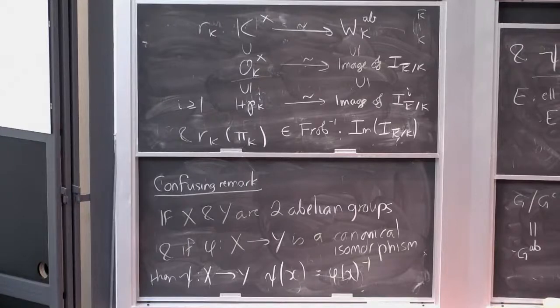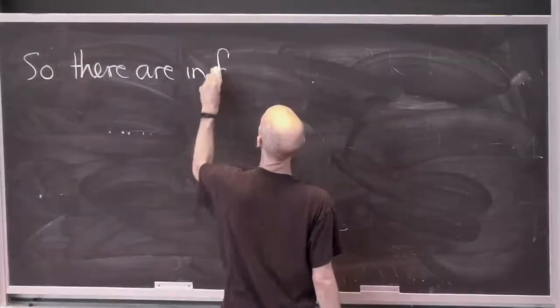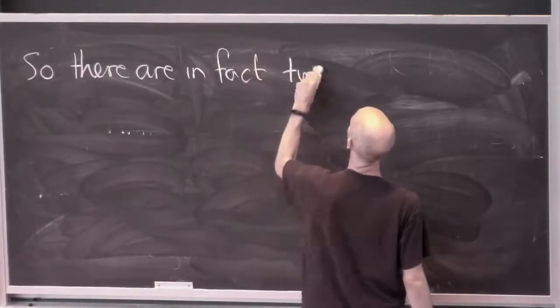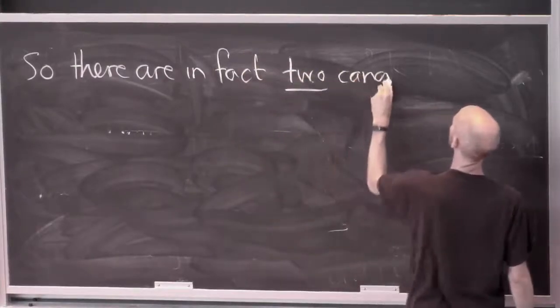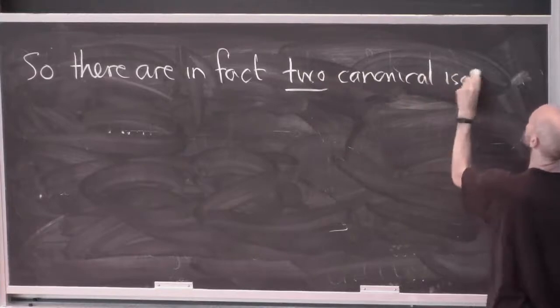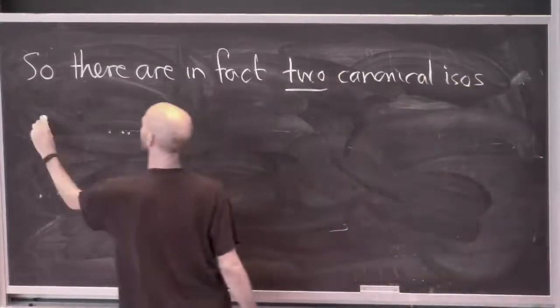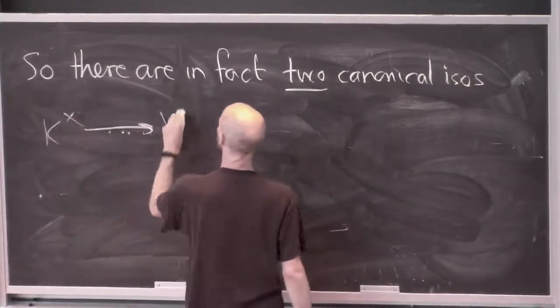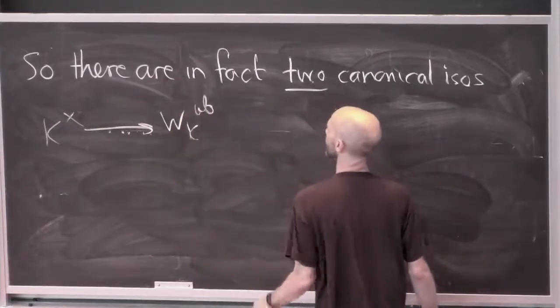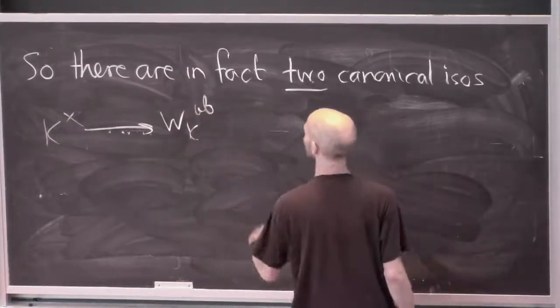So there are, in fact, two canonical isomorphisms between K star and WK ab, namely RK and RK inverse.